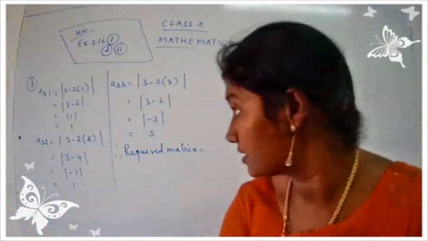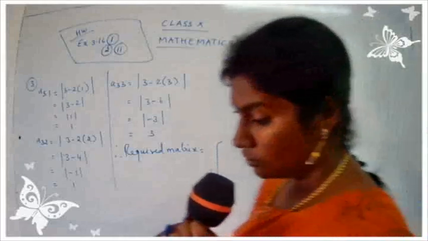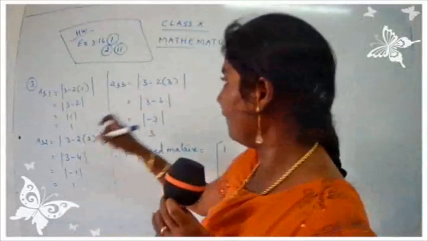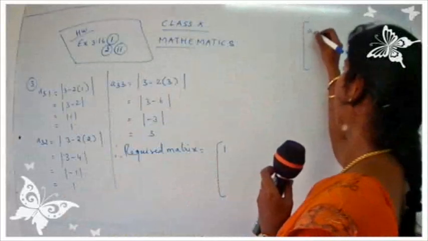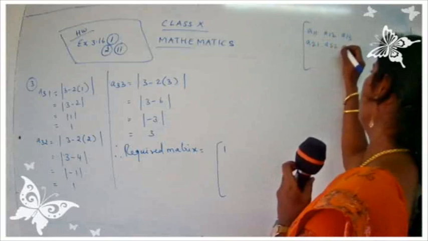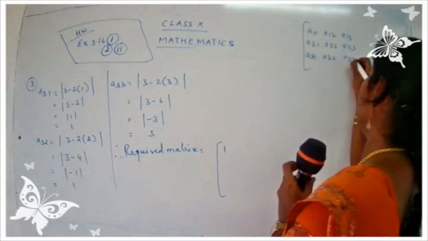So let us write out the matrix. Okay, what were the values we have got? You would have the values with you, children. So first we got 1 for A11. Yes, this was the matrix: A11, A12, A13, 21, 22, 23, 31, 32, 33.